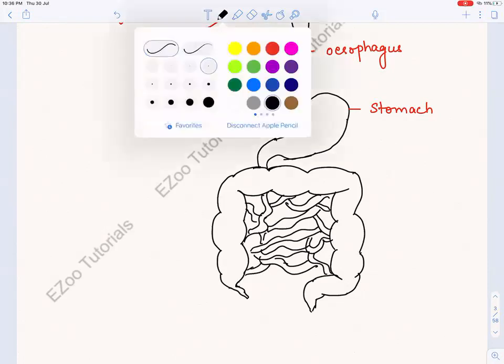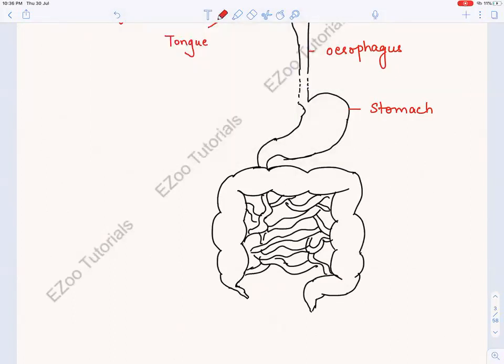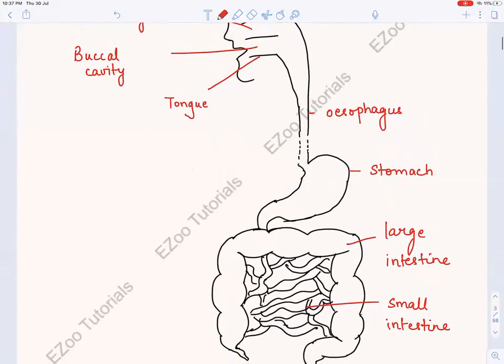Enjoying? This is the stomach, and then this is the large intestine and the small intestine. So we'll study all the structures in detail, as I'm telling again and again. And this is basically our digestive system.